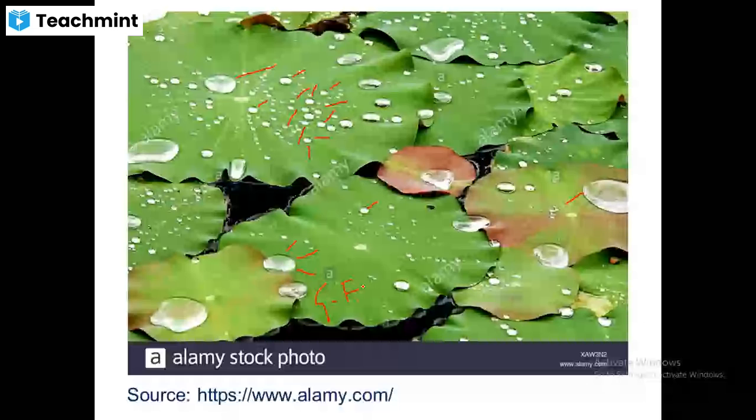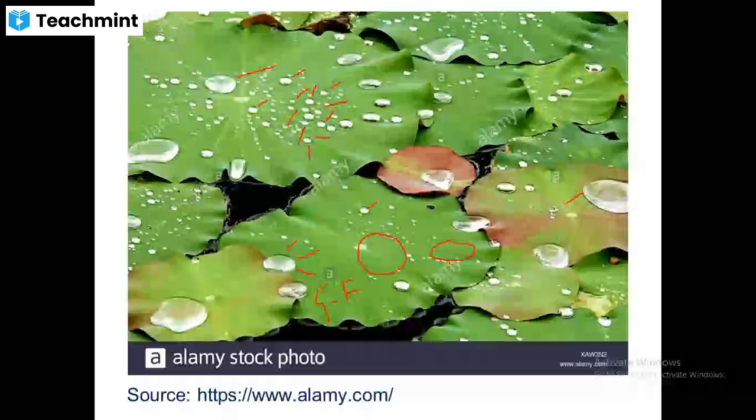Due to this gravitational force, a sphere like this becomes flattened. It becomes flattened due to the gravitational force which is acting downwards.